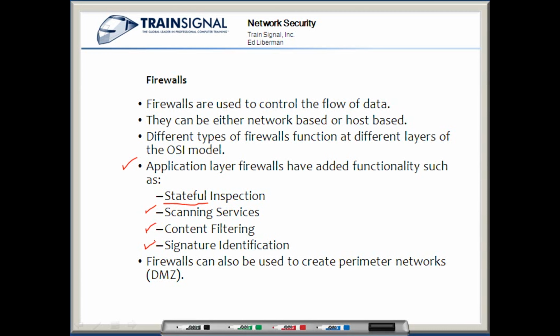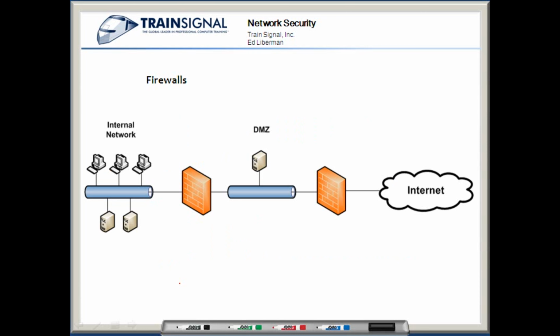Now, another thing that you can do with firewalls, as opposed to just putting up one wall of protection between the inside and outside of your network, is that you can use multiple firewalls to create what's called perimeter networks, or what's more commonly referred to as a DMZ, or a demilitarized zone. Here I have a picture of what this DMZ would look like.